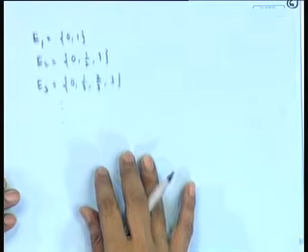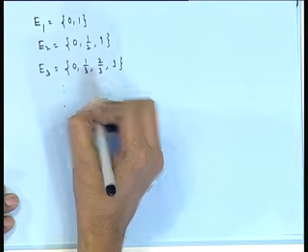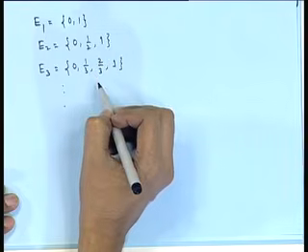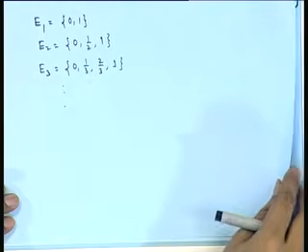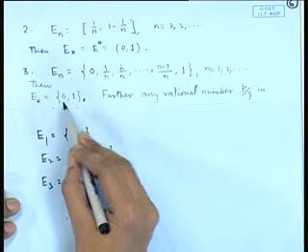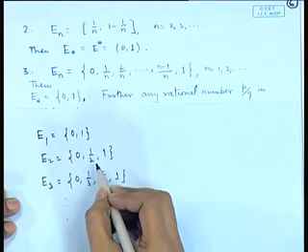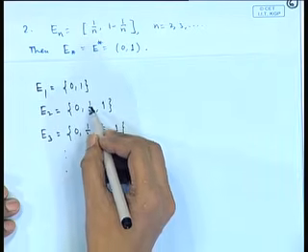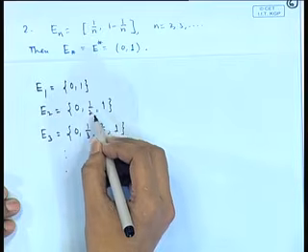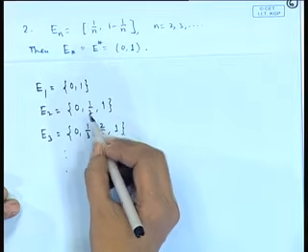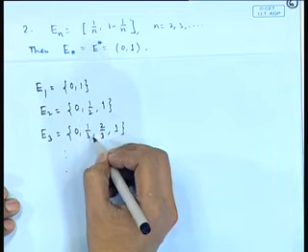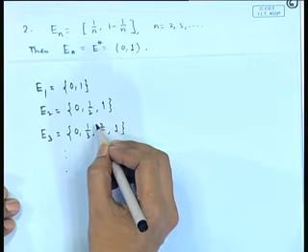Clearly, the points 0 and 1 belong to all the sets. Therefore, E lower star, that is the limit infimum, must contain the points 0 and 1. Now, we say that no other element of the form, say p by q, can belong to all the sets E n even after a certain stage.